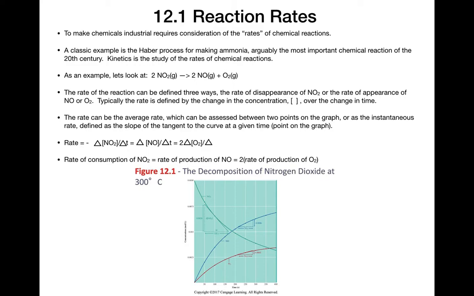Mainly that's because the rate depends on concentration, so the rate of the reaction, the slope of the graph, shallows, or becomes less over time, because as the NO2 is used up, the rate of the forward reaction will slow down. The rate depends on the concentration.